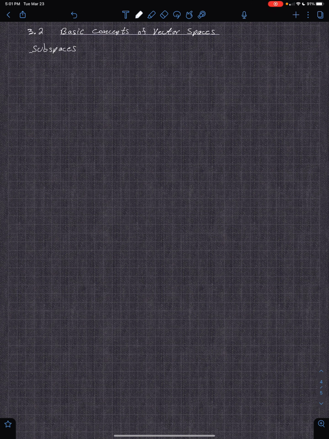It'll be defined very similarly, but with more general statements of how we do things. So subspaces, this is definition 3.4. Let's suppose V is a vector space and W a subset of V. Then we want to define when W is a subspace.